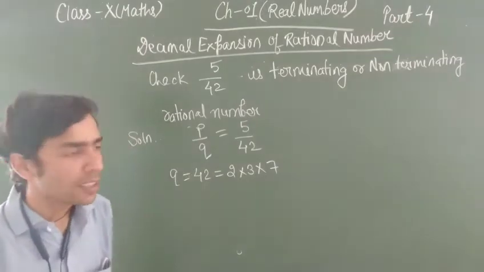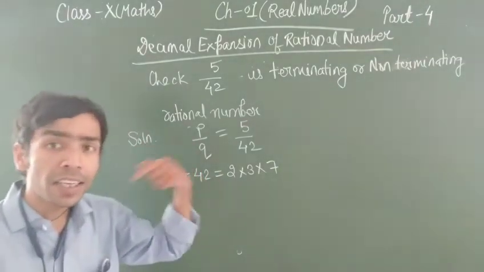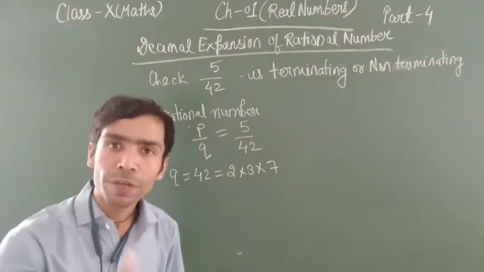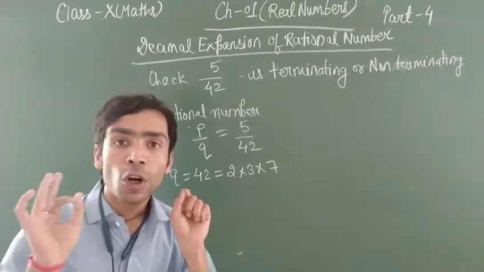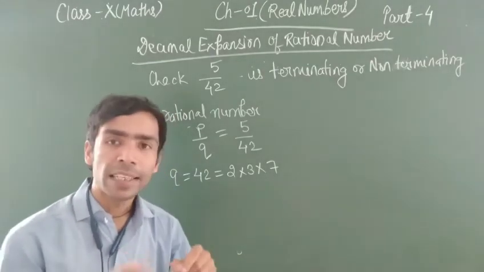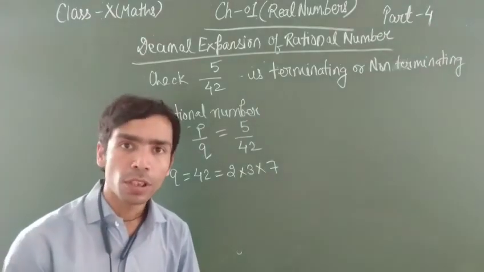Now student, you can see that 2 is coming, but along with 2, another number is also coming. Along with 2, 5 can come, but besides 2 and 5, no other number can come. Either it will be 2 only, or 5 only, or both 2 and 5.